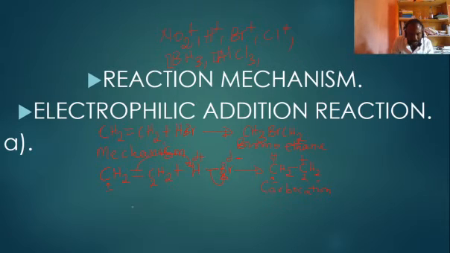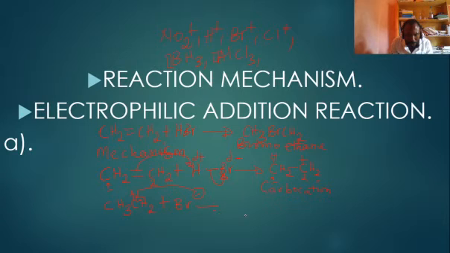Now the carbocation that is formed, in the presence of this bromide negative, can now come and attach itself here.